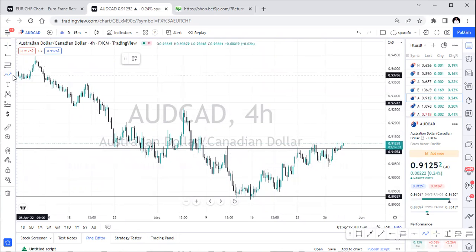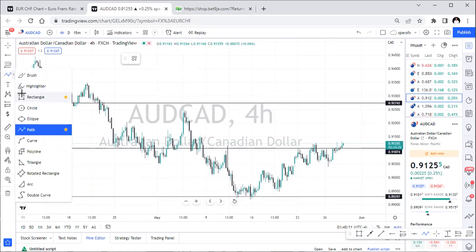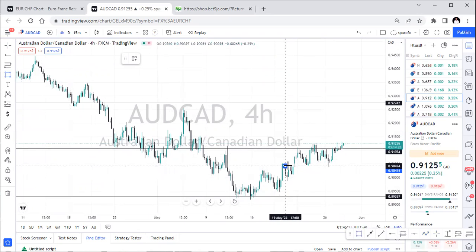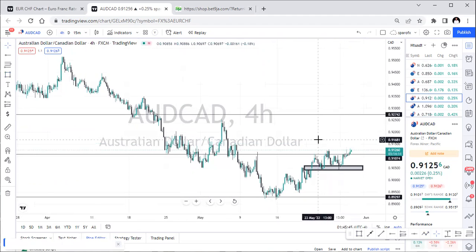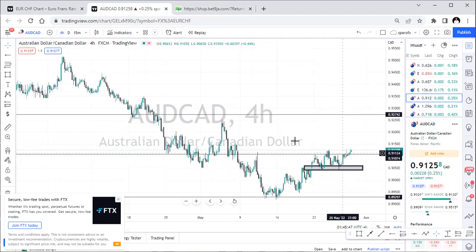Let me mark out the double bottom. It created a double bottom, showing to us that the trend is currently in a minor uptrend for the meantime. Note quite well that if you are taking this very trade, your take profit will be at this resistance or these key levels.